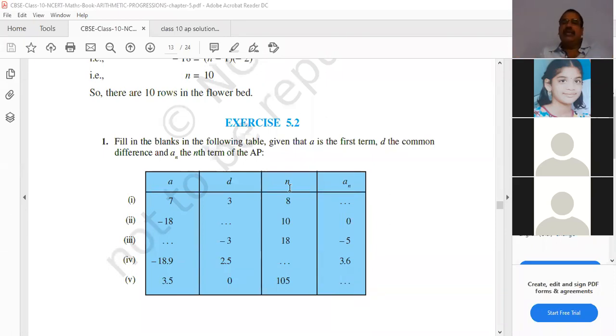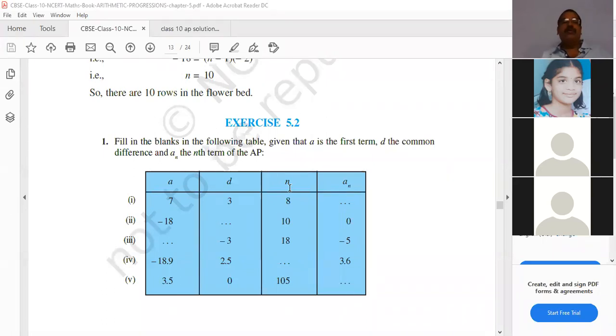But a_n equal to minus 29 means the last term is equal to minus 29.